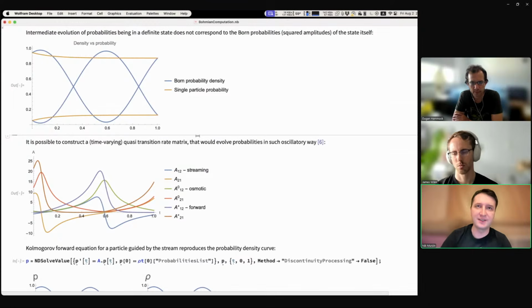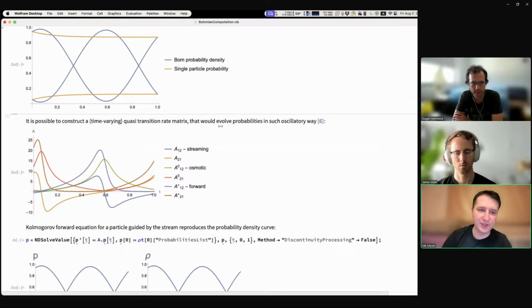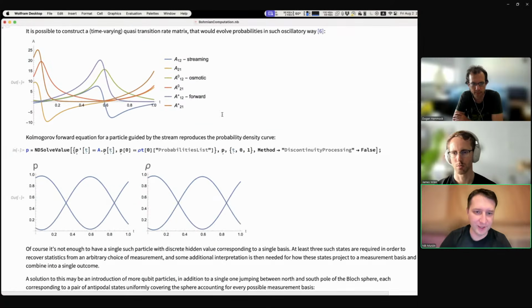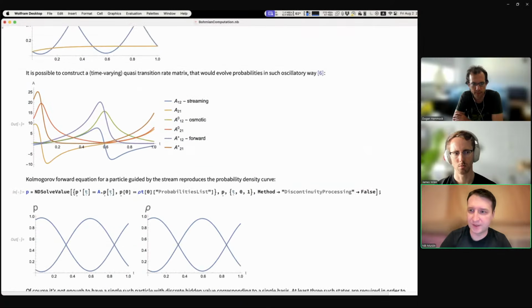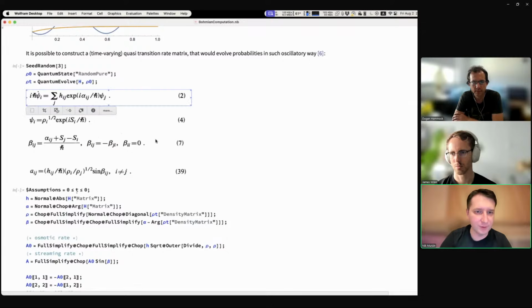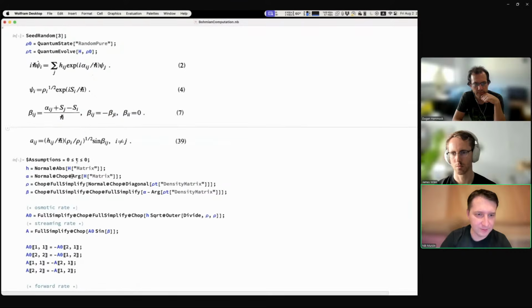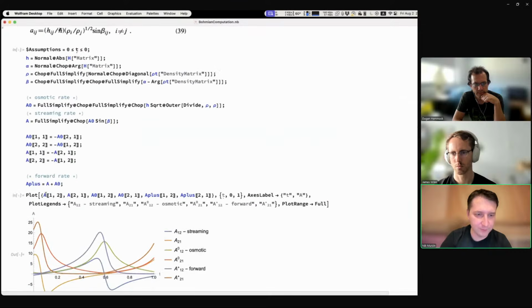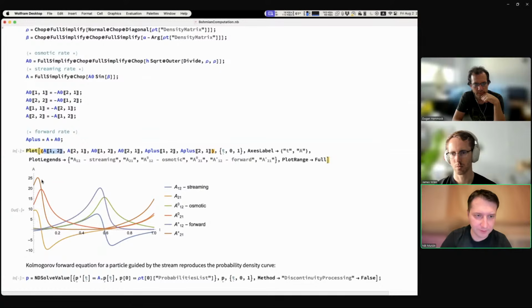And it's more complicated because it's not just some static time-independent matrix like we computed before. You actually have to compute it using formulas like that. And you can compute a bunch of time-dependent matrices, I believe, like this. So I'm just drawing off-diagonal elements of those matrices, right?